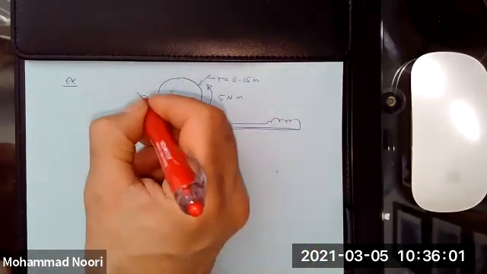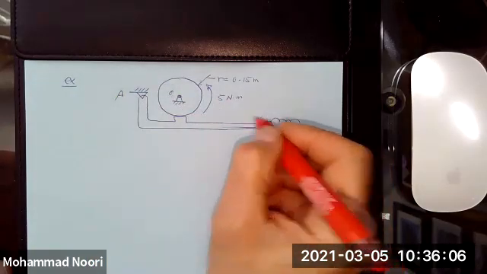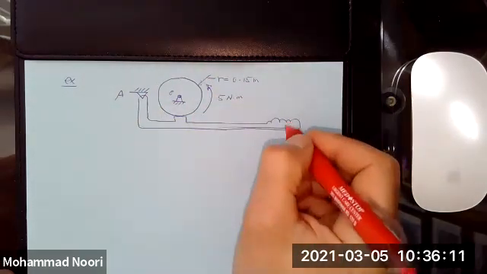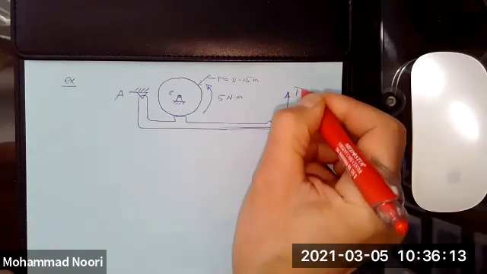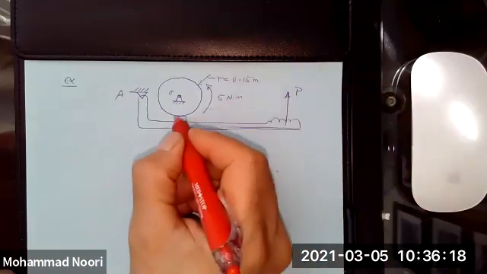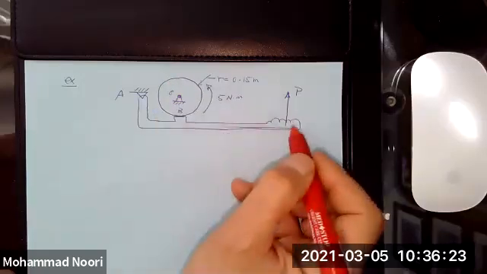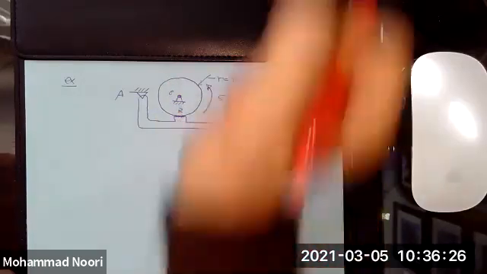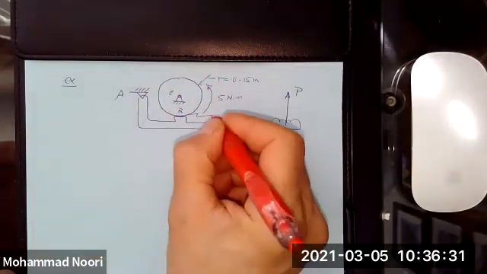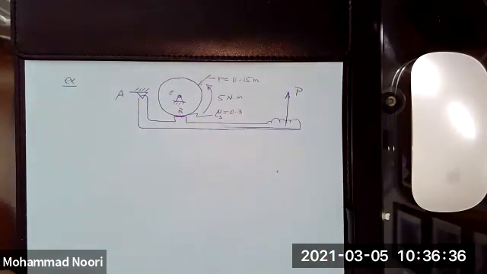You build this device as a way to, if needed, stop rotation, by exerting a vertical force P with your hand. There's friction at this point of contact of disc and this bar, and that's what, by pushing P, is supposed to stop the rotation. Coefficient of static friction is given as 0.3.